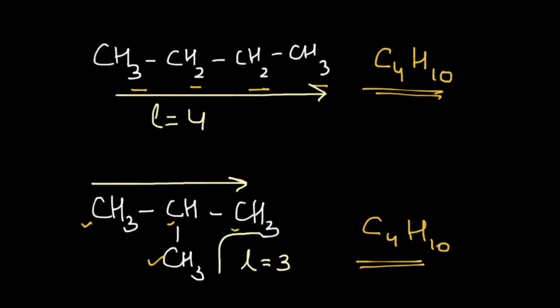A very good way to verify whether two isomers are chain isomers or not is to write the IUPAC name. You first write the IUPAC name for both the compounds that you want to check for chain isomerism.